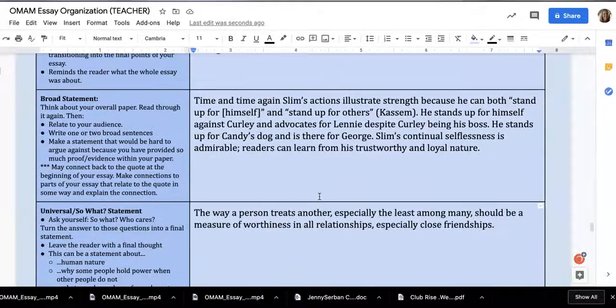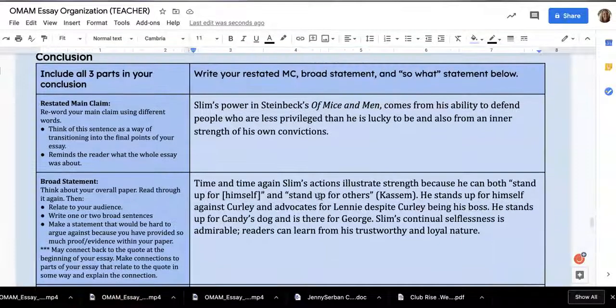So altogether, this is what my conclusion sounds like. Slim's power in Steinbeck's Of Mice and Men comes from his ability to defend people who are less privileged than he is lucky to be, and also from an inner strength of his own convictions. Time and time again, Slim's actions illustrate strength because he can both stand up for himself and stand up for others. He stands up for himself against Curly and advocates for Lenny despite Curly being his boss.